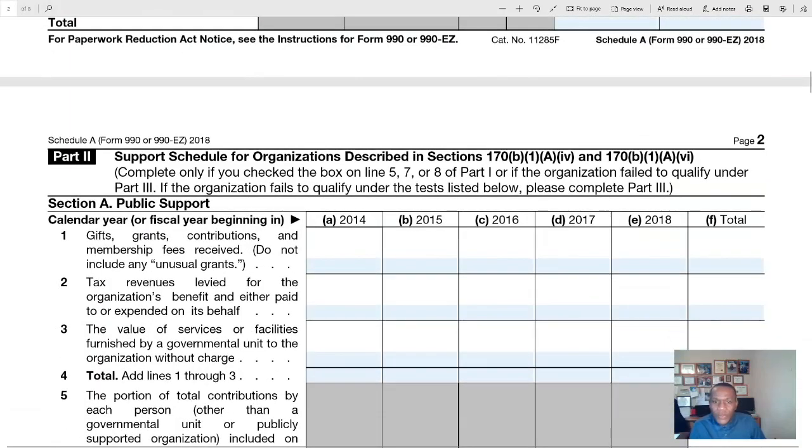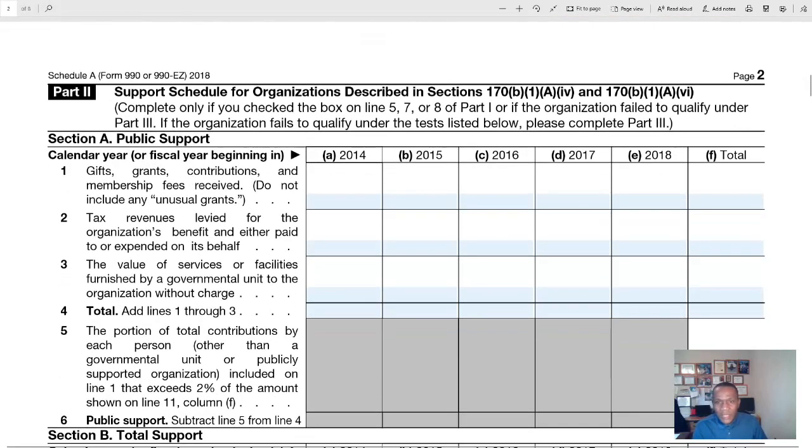Then Part 2 is the support schedule for organizations described in Section 170(b)(1)(A)(vi), which we went over earlier. In that part, Section A is public support. You type the amount here, whether it's gifts, grants, contributions, or membership fees, and so forth, for the subsequent years involved. Number 2 is tax revenues levied for the organization's benefit, and so forth.